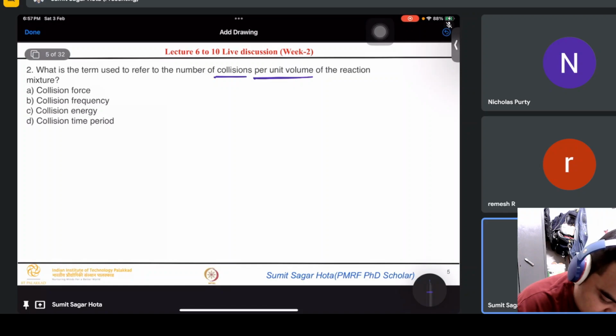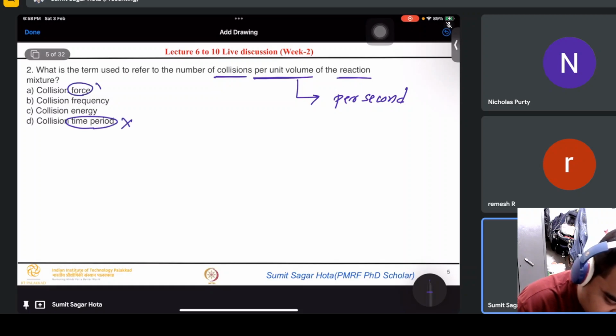Always remember that when there is a term per unit volume of reaction, it is always per second. And per second cannot be time period.